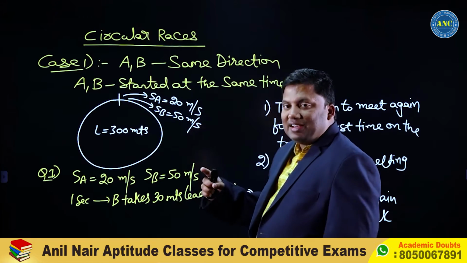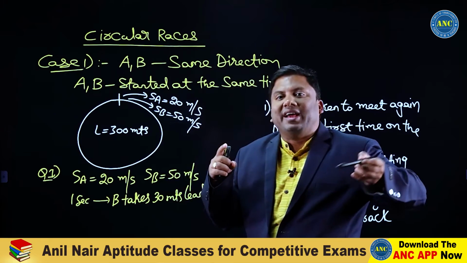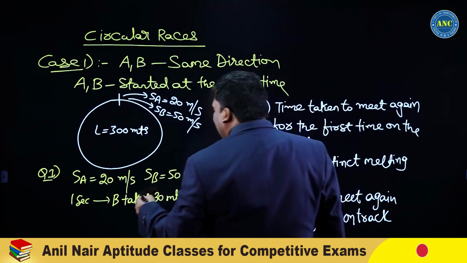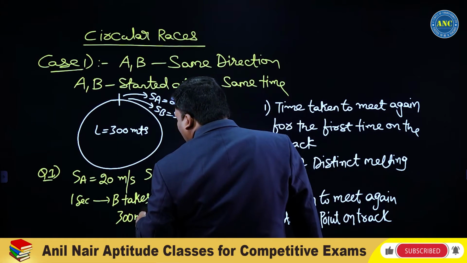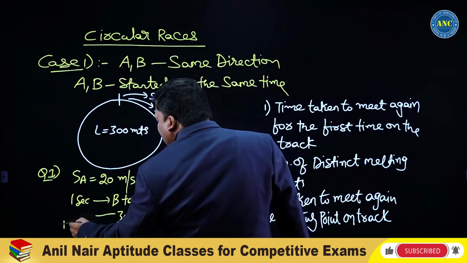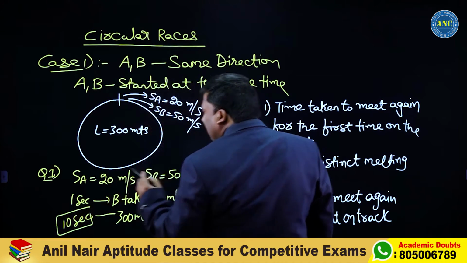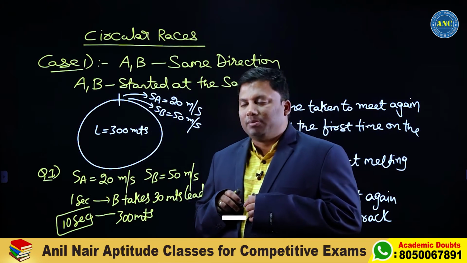Suppose B is meeting A, he has to complete one total round. What is the length of the track? 300 meters. For 30 meters it is 1 second. To cover the entire 300 meters, 10 seconds is required. I will show in a diagram how 10 seconds will be the answer.